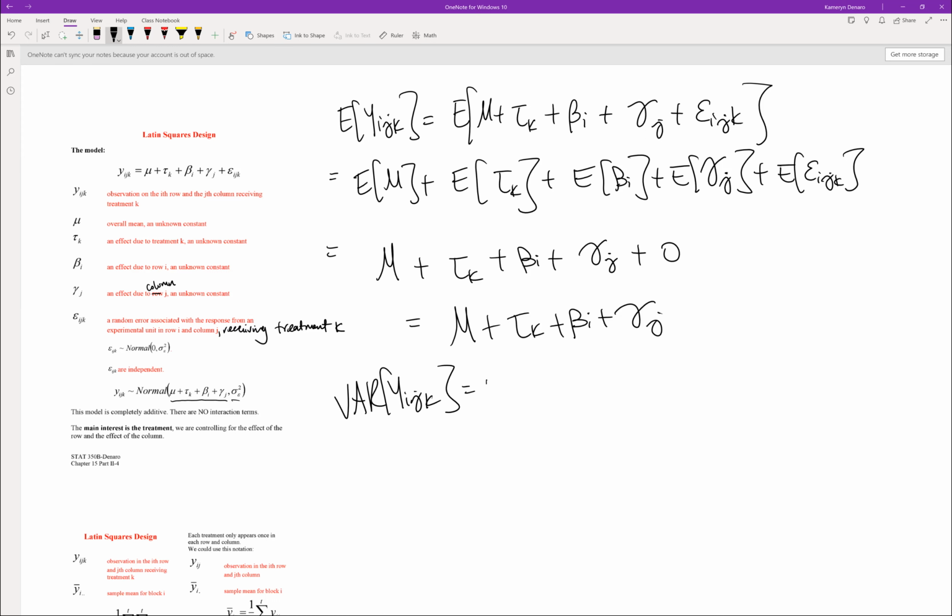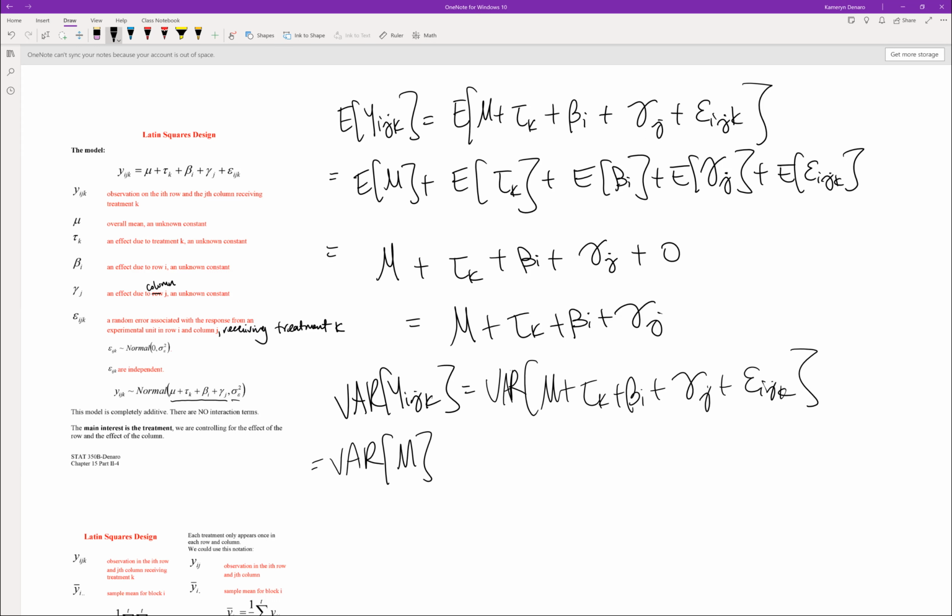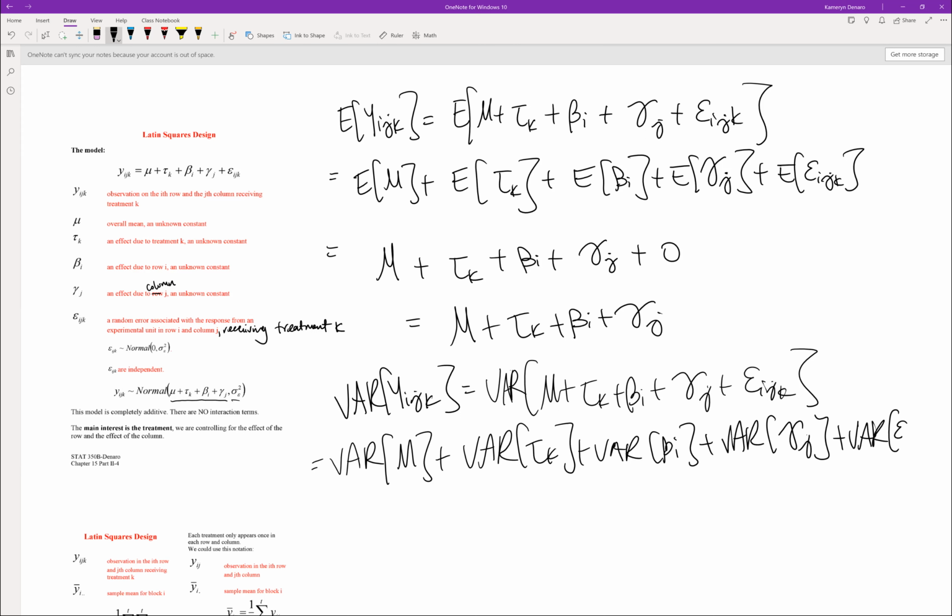Essentially, that's just the variance by substitution, mu plus tau k plus beta i plus gamma j plus epsilon ijk. And once again, that's a linear combination. So we get the variance of mu plus the variance of tau k plus the variance of beta i plus the variance of gamma j plus the variance of epsilon ijk.